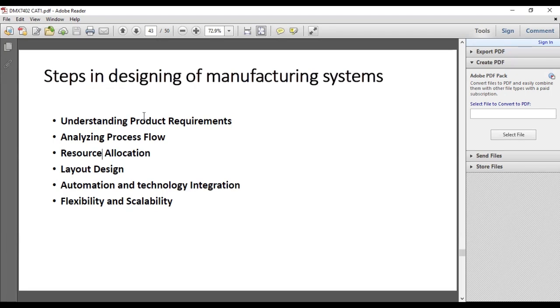So that means you have to understand what your requirement is. Then you have to analyze the process flow: what are the machines that it has to use, and what are the processes that you need to consider when manufacturing that.